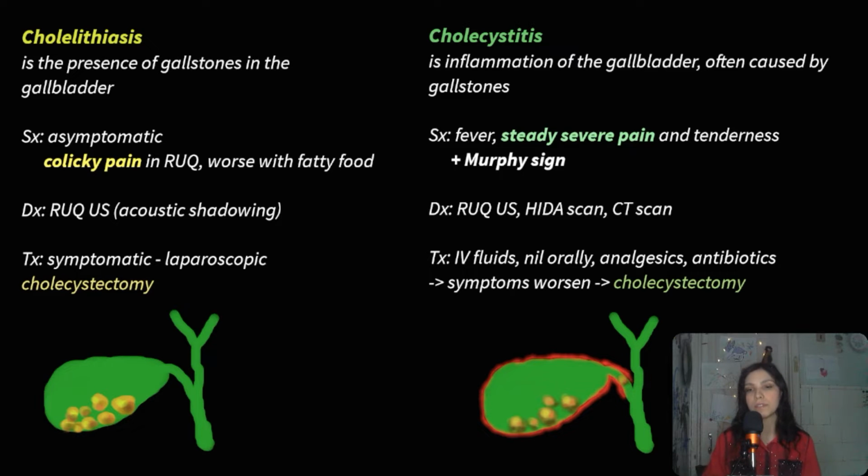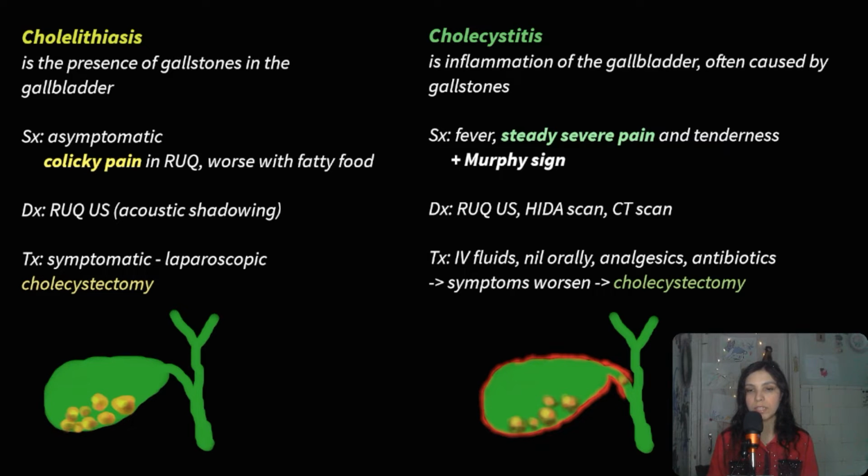Symptoms are fever, steady severe pain and tenderness. Also a positive Murphy sign. It means pain on palpation in the right upper quadrant with cessation of breathing on inspiration. So when you palpate the gallbladder of this patient, he or she will feel pain and will stop breathing at this moment.